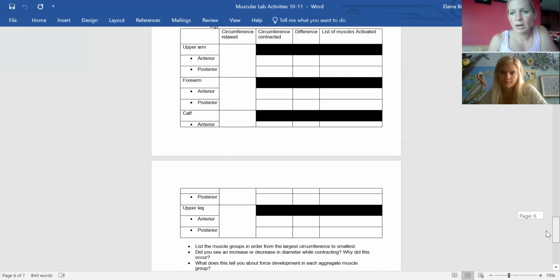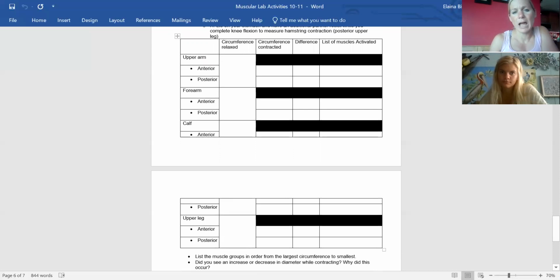One other little hint, for the most part, all of these, your relaxed circumference should be less than your contracted circumference. However, with the calf sometimes, and even for the upper leg sometimes, we'll see that the relaxed is actually larger. The relaxed is sometimes larger than the contracted version, which is confusing for people.